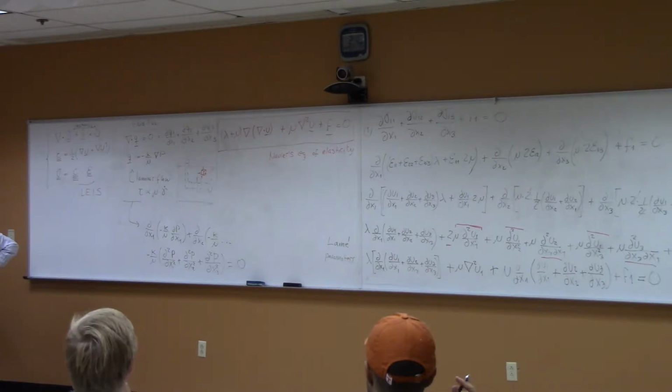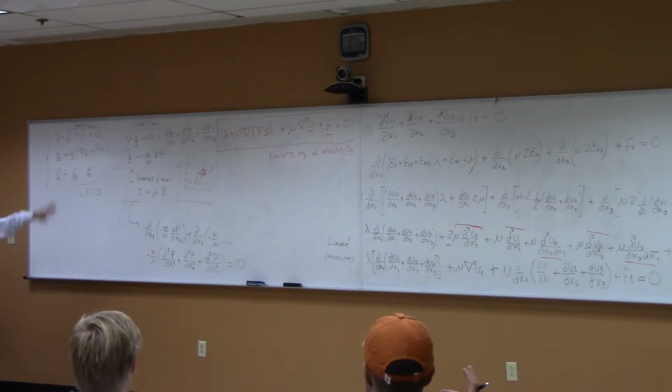And I know you guys are good in math, but we're going to need a lot of time in order to do that. So we're just going to go briefly through this, okay?